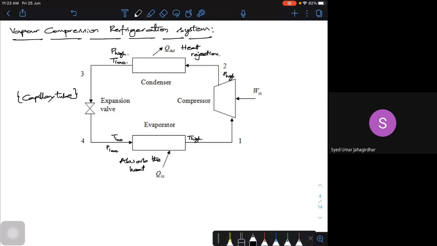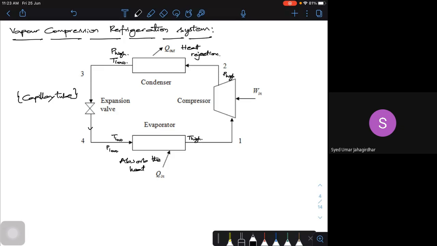What this expansion valve or capillary tube does is reduce the high pressure of the refrigerant to a lower pressure. After expanding, the pressure becomes low, and the cycle continues. The evaporator absorbs the heat at low pressure and low temperature, and the temperature increases.